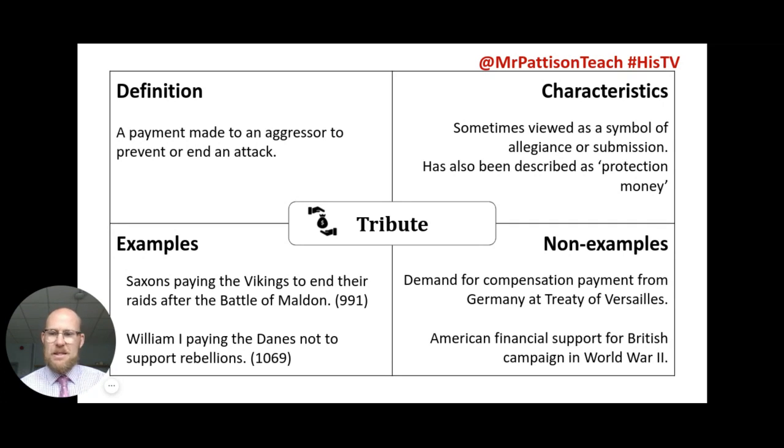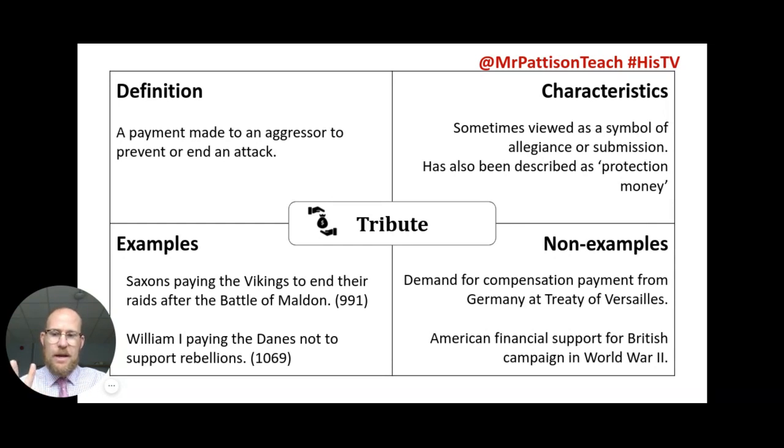Well, that doesn't make sense. Why are they paying tribute to the Vikings? Does Ethelred the Unready like the Vikings? It immediately leads students down a road of misunderstanding, which is quite hard to get them back from. Preempt that by dealing with the language before you start embedding it in the narrative itself.